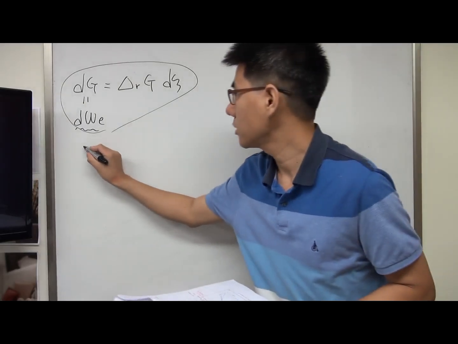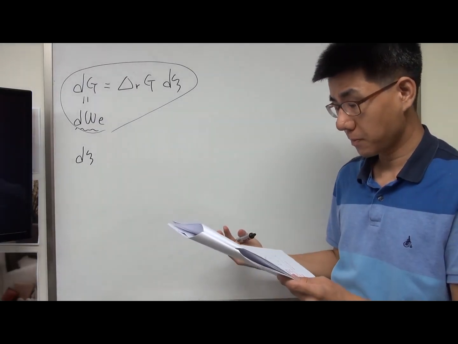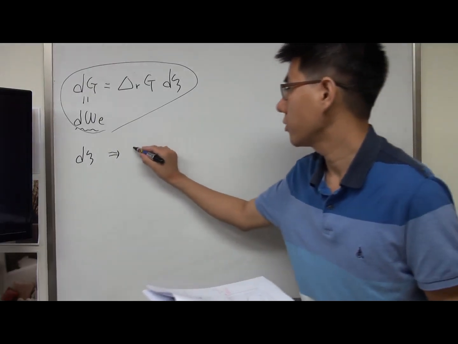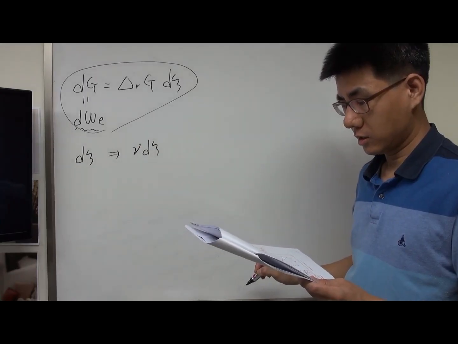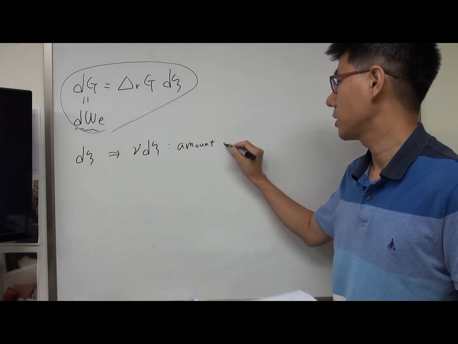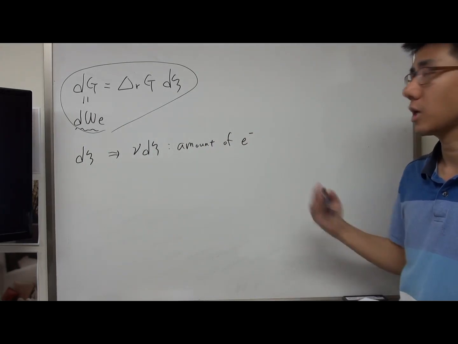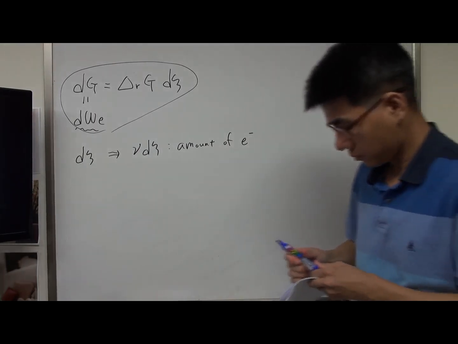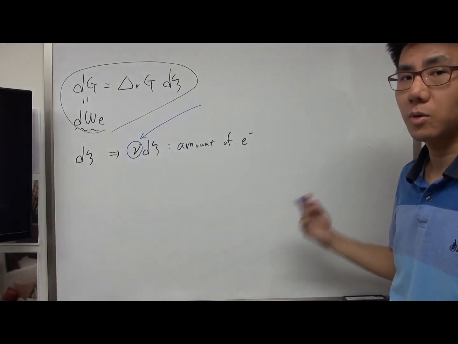So here, psi is the extent of reaction. Then nu d psi is the amount of electrons which have been moved from anode to cathode. So here, nu is the number of electrons from the redox reaction.